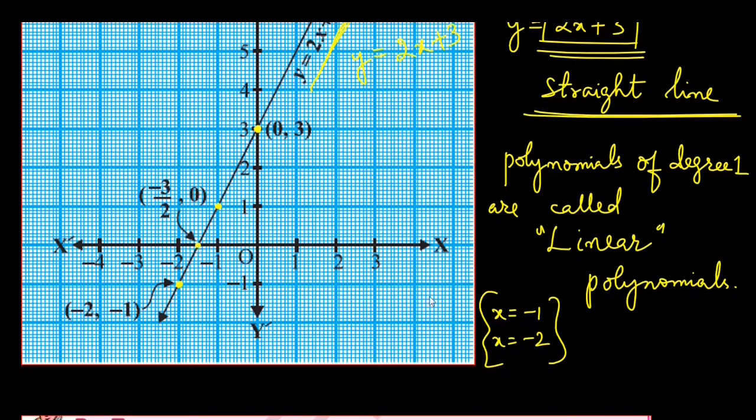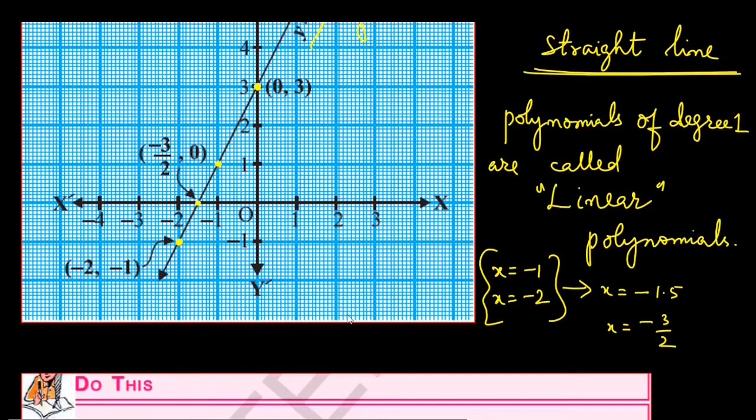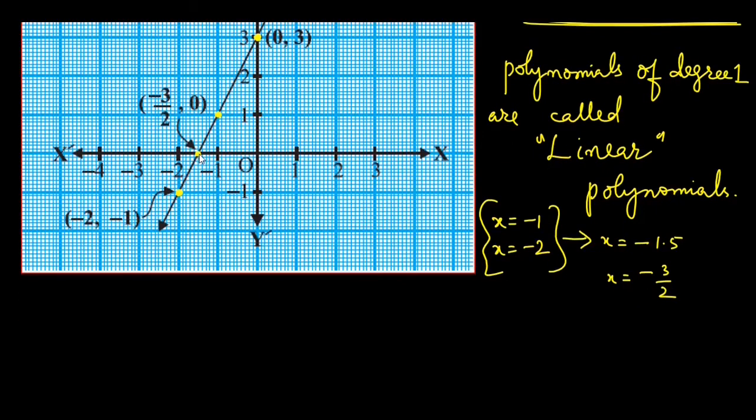So here the value is x is equal to minus 1.5, that is x is equal to minus 3 by 2. Here x value is minus 3 by 2 and y value is 0.